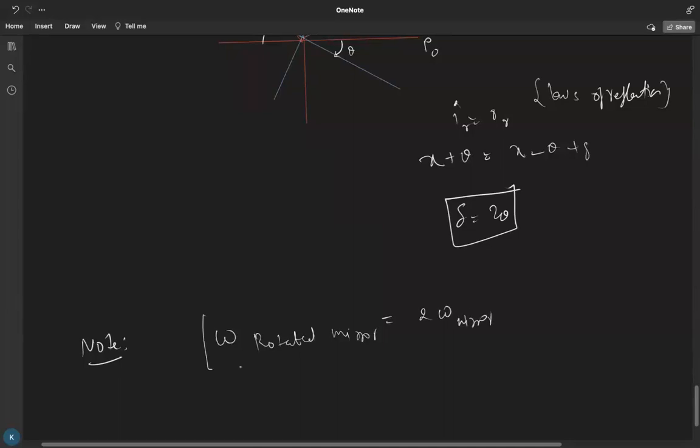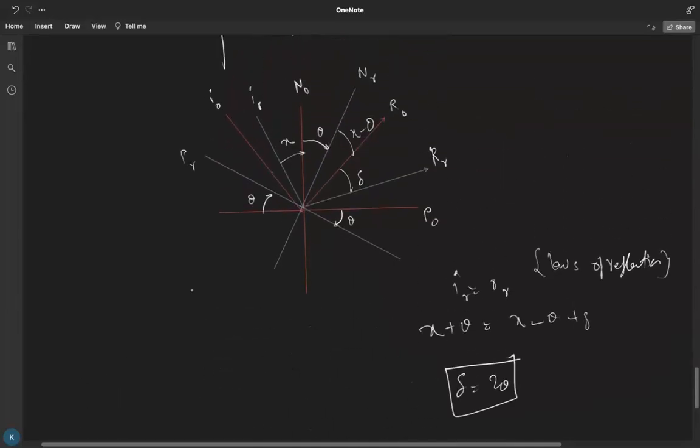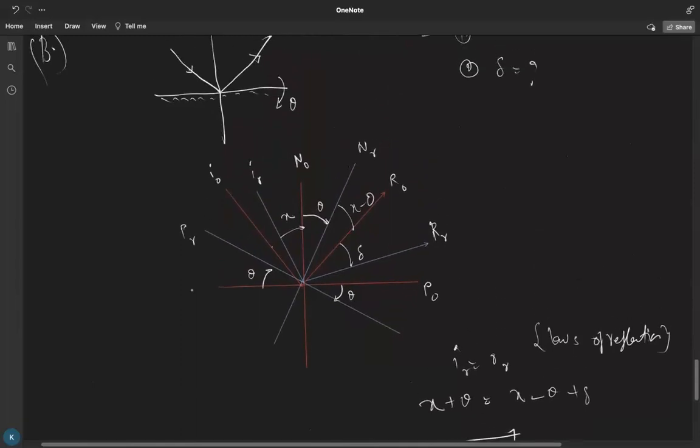I hope it will be clear to all of you. Basically, if I rotate the mirror by the angle theta, red is our original mirror and blue is our rotated mirror, right?